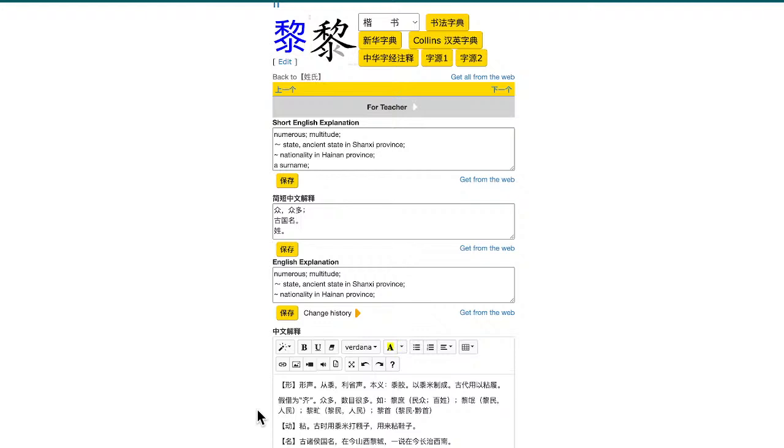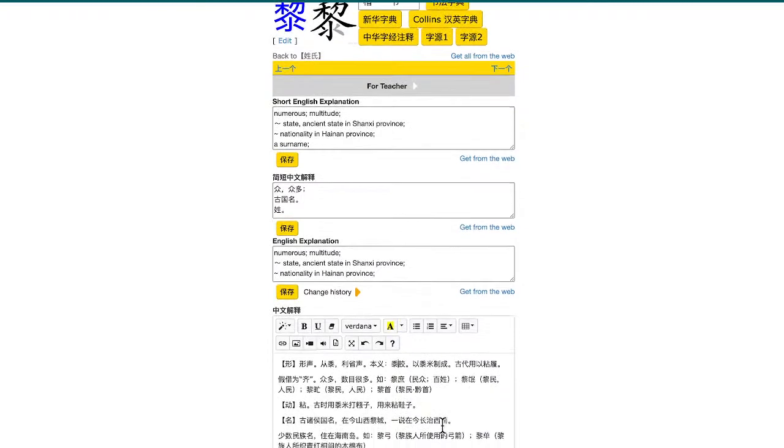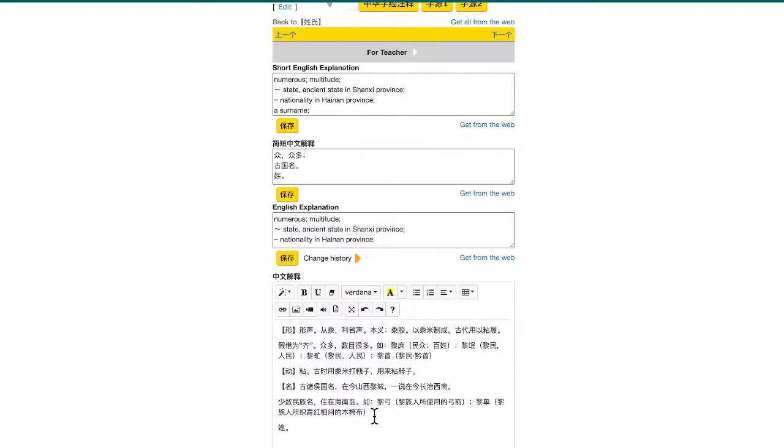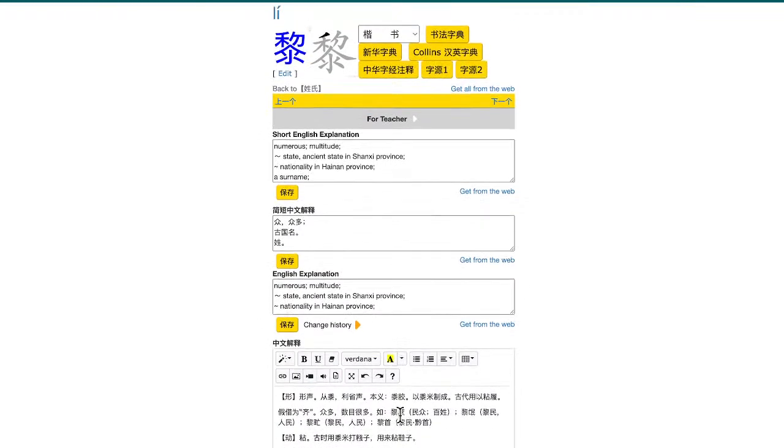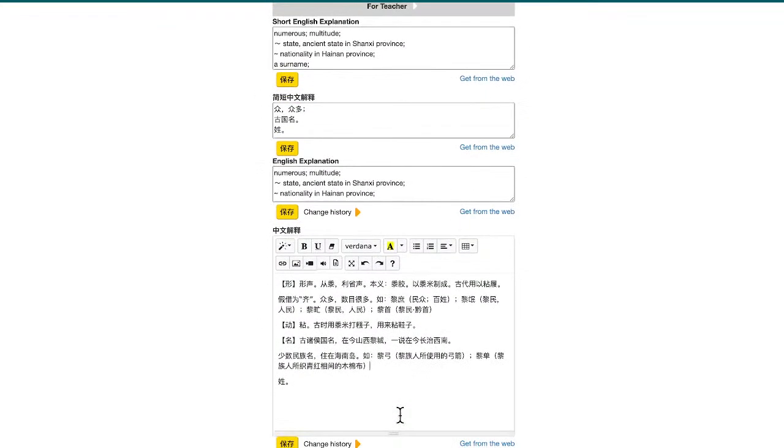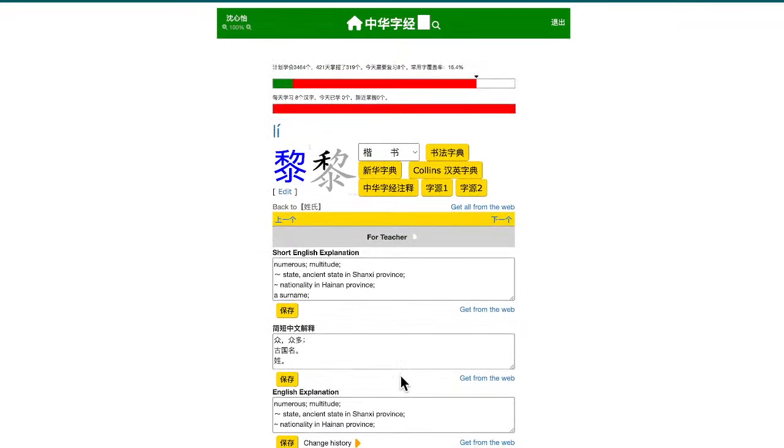And then later on it means like numerous or multitude, 离. Okay, so now this is also a name for an ancient feudal state. It's also a name for an ethnic group, mainly living on Hainan Island in southern China, in the South China Sea. Okay, so that is the Li.